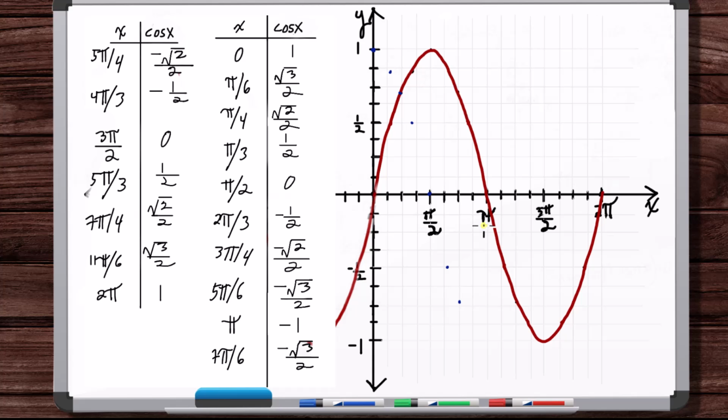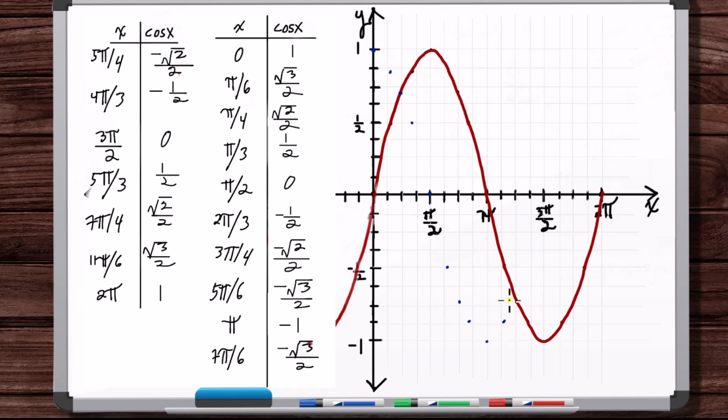And then, let's see, 5 pi over 6 is lined up. We can see here a little bit before, and that's right there. Okay, and then pi is minus 1. Okay, now 7 pi over 6, we can see this corresponds to this point, but we're at minus root 3 over 2, so we're back here.